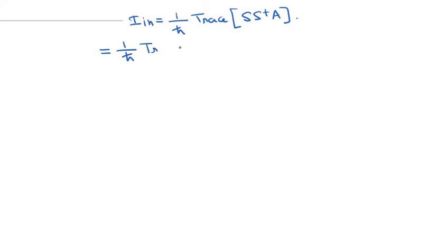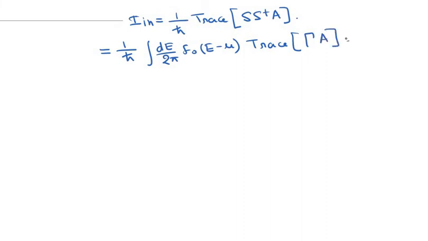The inflow I in is equal to 1 by h bar trace of S dagger A, and this is equal to 1 by h bar trace of gamma A. We also have this integral sign over here, with f0 of E minus mu, and then trace of gamma A, and this is our compact equation for the inflow.